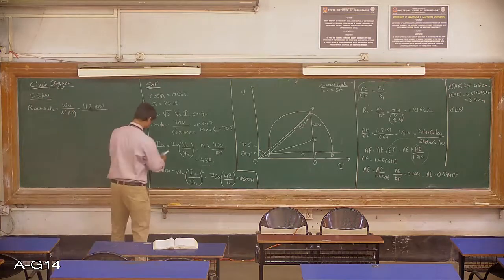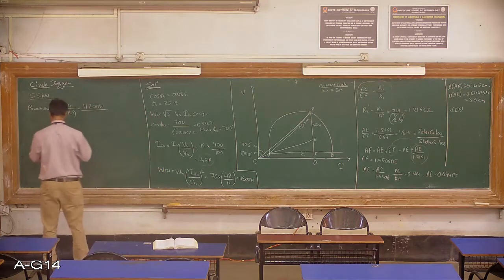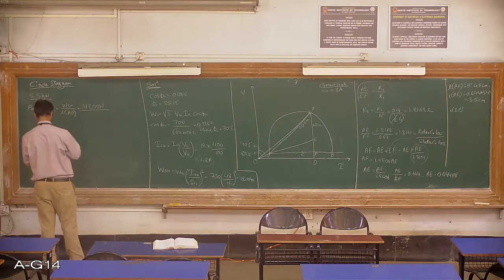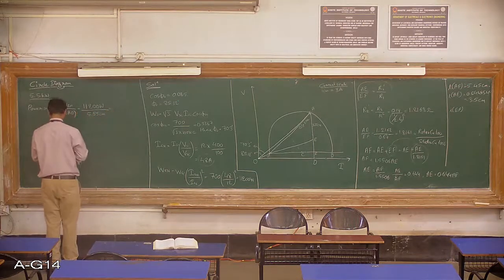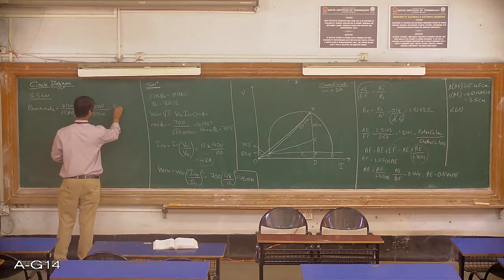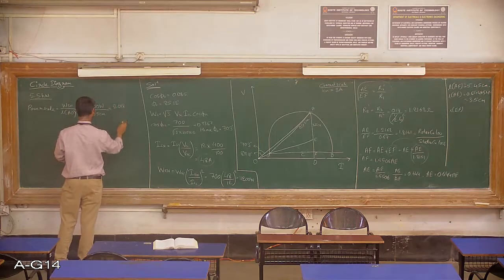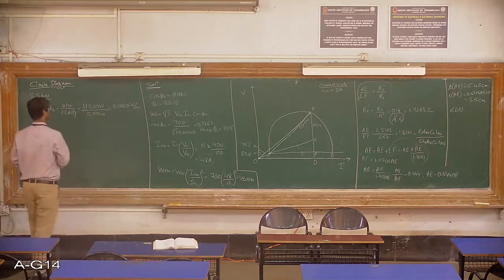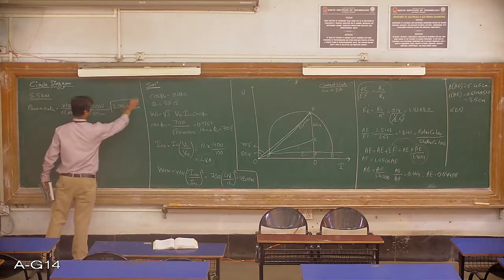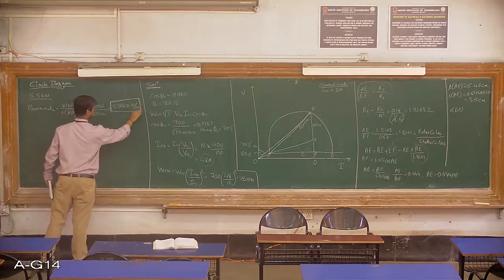Length of AD is equal to 5.55 centimeters. Now this results in 2018.01 watts per centimeter. This is the power scale.